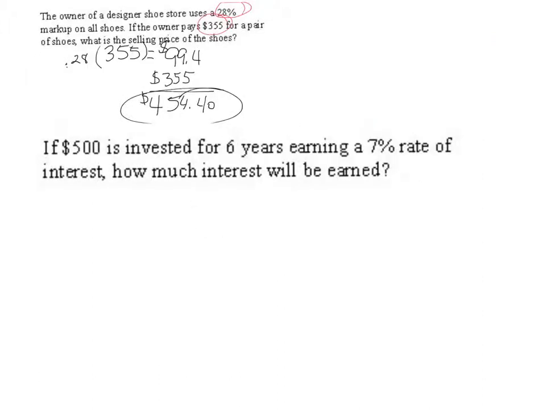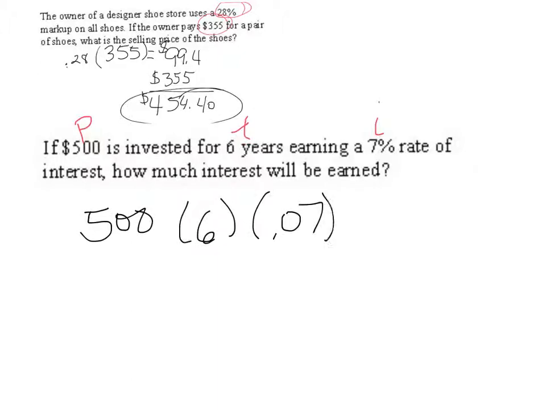If $500 is invested for 6 years, so there's our principal of $500. The time is 6 years, and it's earning an interest rate, I think they use R, of 7% interest. How much interest will be earned? Okay, we're just doing simple interest, so we're going to have 500 times 6 times 0.07.